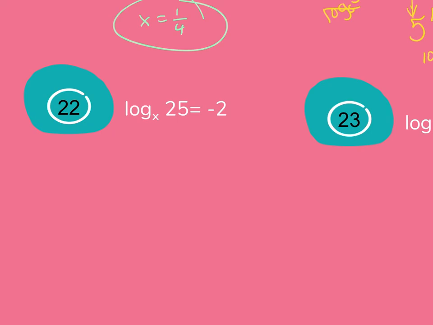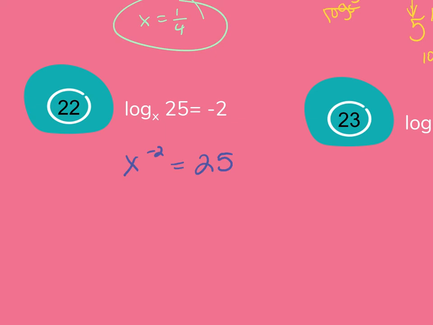What do I do? x to the negative 2 equals 25. So what would you do? You have 5 squared, but the base is different. I can't square root it because it's a negative 2, right?